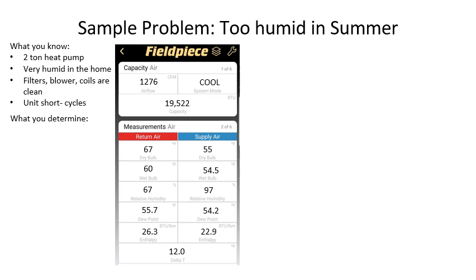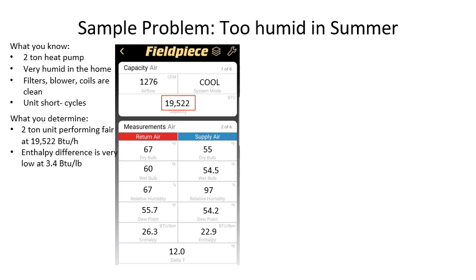What do we determine from these readings? Well, we see that this 2-ton unit is performing fair at 19,522 BTUs of enthalpy. Normally a 2-ton unit would be operating close to 24,000 BTUs. We're operating at 19.5. It's close. It's not a true cause of concern yet.